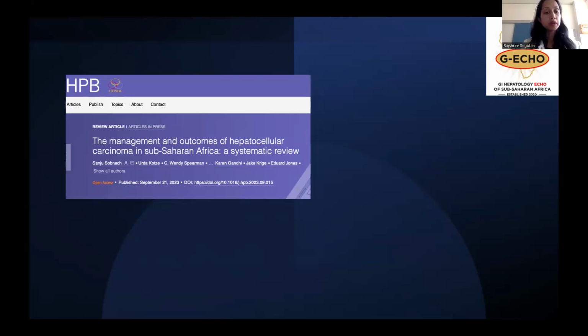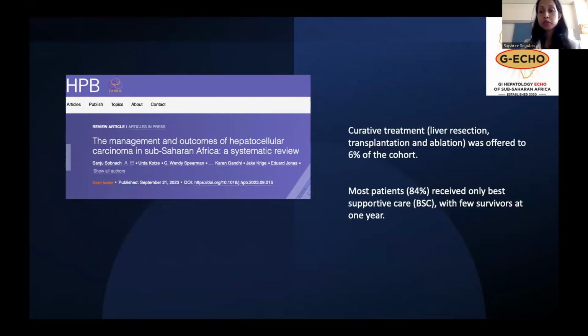In the recently published systematic review by our institution, we could see that curative treatment, liver resection, transplantation and ablation, has been offered to only 6% of the cohort.